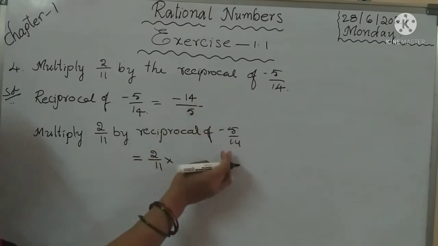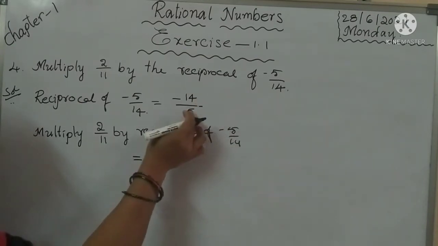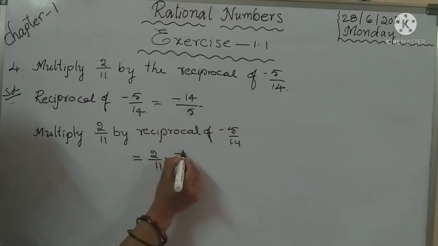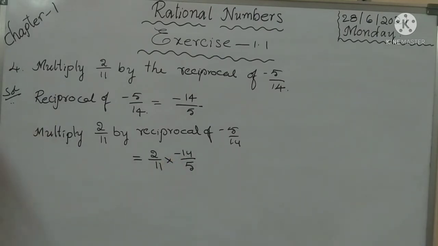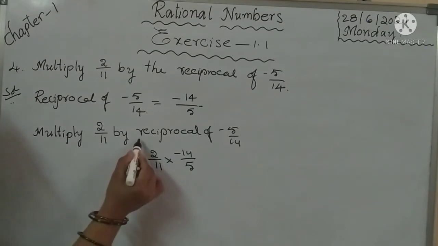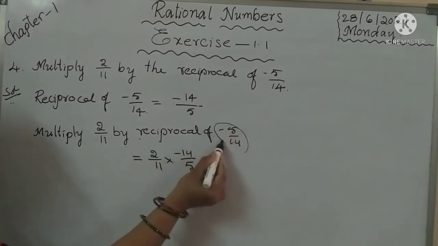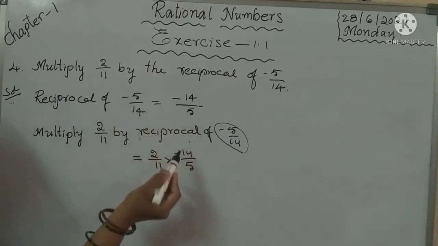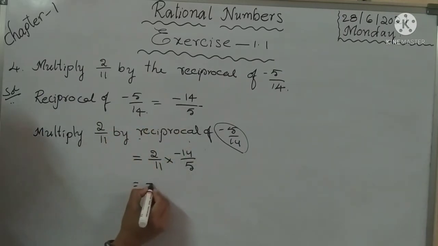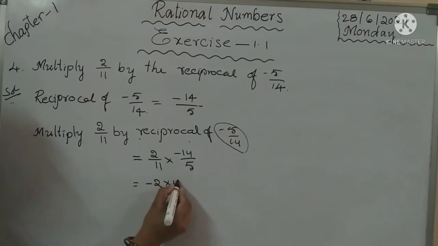So here already we should write the reciprocal of minus 5 by 14, how much we should write here? Minus 14 by 5, minus 14 by 5. So we will write here the reciprocal of minus 5 by 14, that is minus 14 by 5. So here minus 2 into 14 by 11 into 5.